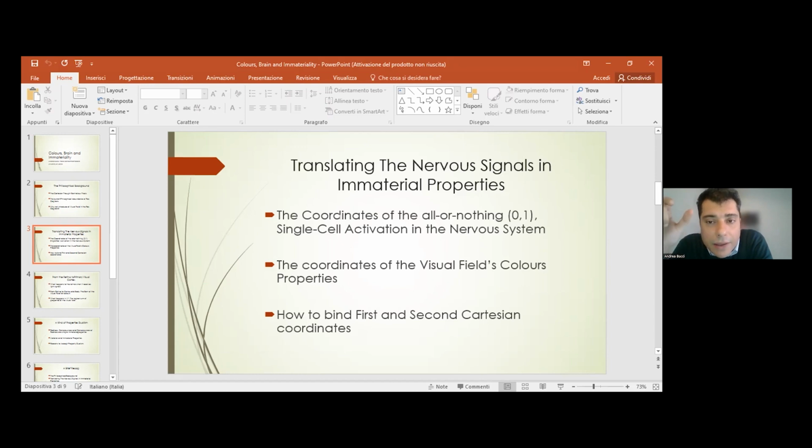We combine the coordinates of the single cell activation in the nervous system with the coordinates in the paint of colors of the visual field. The problem is now how to bind the first and second Cartesian coordinates, that is, the physical ones of the cells and the immaterial, transcendent ones of the visual field.